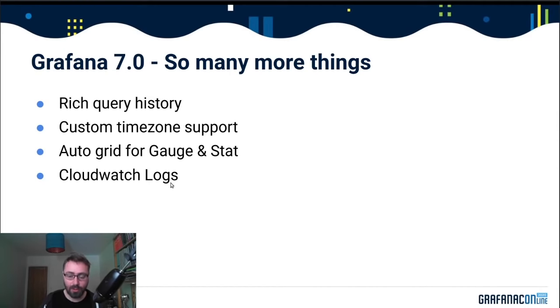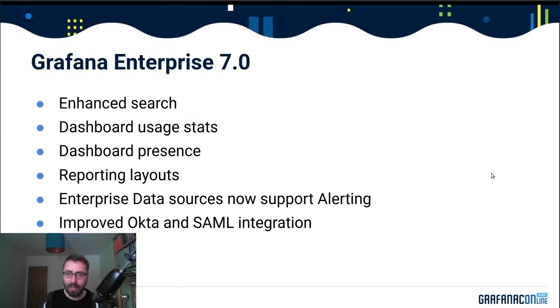So if you're a CloudWatch user, that's pretty nice to be able to search and look at your logs right from Grafana. There's also a really exciting couple of features in Grafana 7.0 Enterprise, and I'm really excited about what the team there has been able to accomplish in this release.